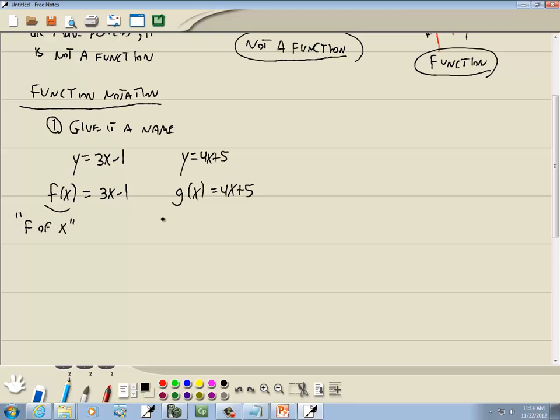This reads as f of x. And this one reads as g of x. This is not mathematical. There's no f times x here. This is purely notation. Now, we even get lazier in math. Now I can say, graph f of x or graph g of x. You know which one I'm talking about. Now, these are interchangeable. So we'll use this for giving it a name, but if you want to go to graphing, maybe you want to put it back in terms of y. So you can freely go back and forth. Now, in math, we even get lazier. We'll just refer to this as f instead of f of x. Or we'll refer to this as g instead of g of x.